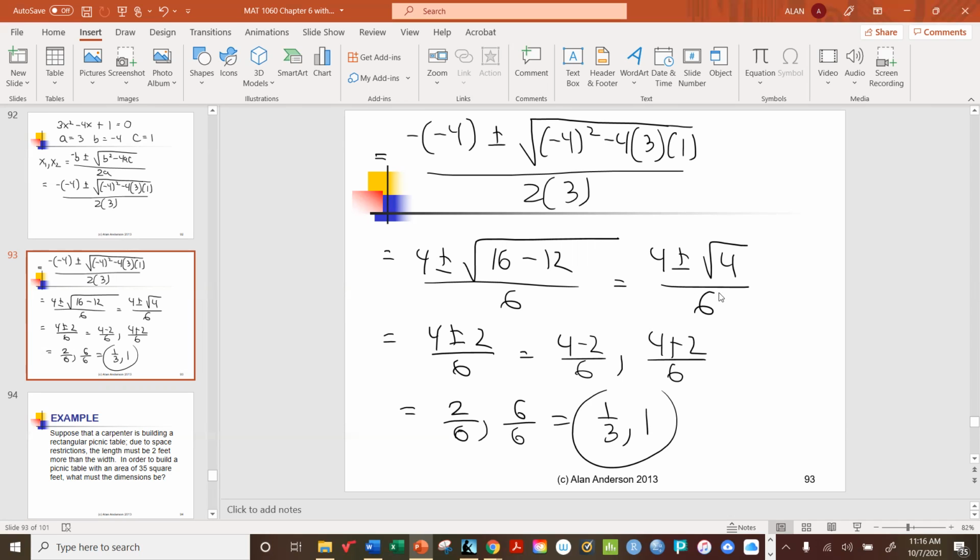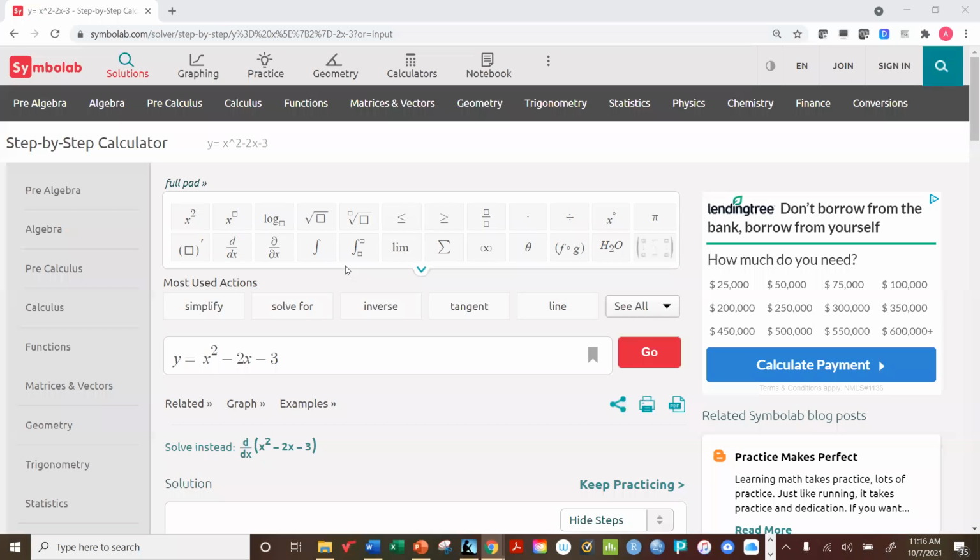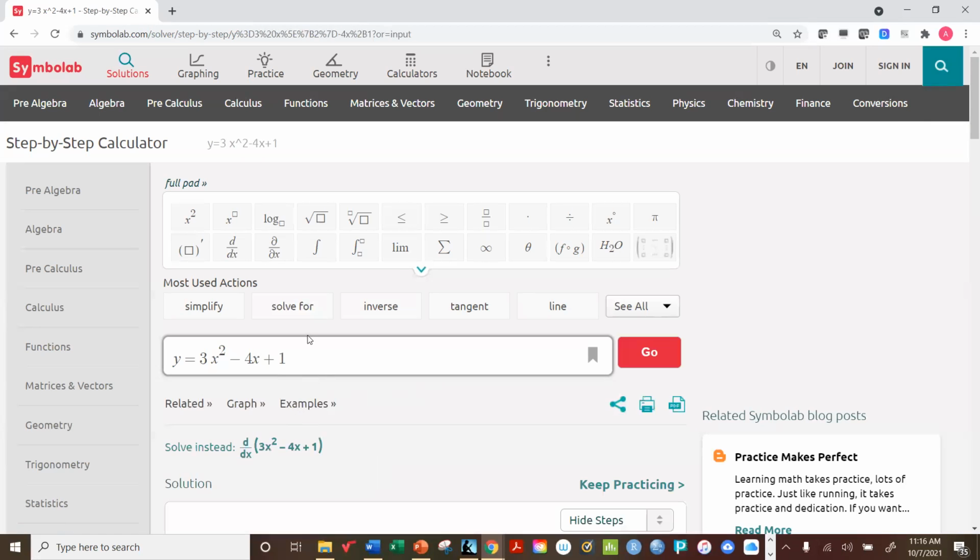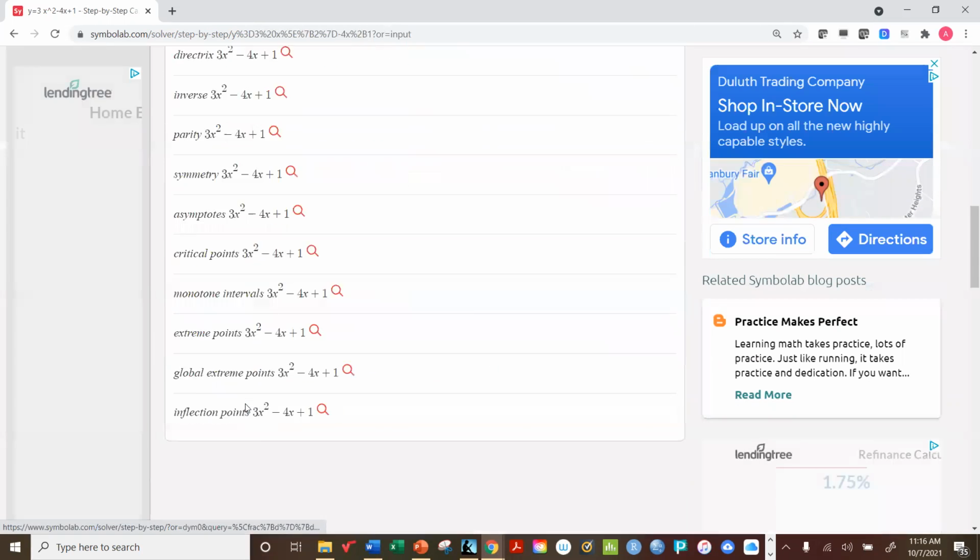So anyway, once again, let's double check with our old friend Symbolab to see what we've done. 3x squared minus 4x plus 1. So first things first, let's solve for it. Well, actually, no, let's look at the graph.